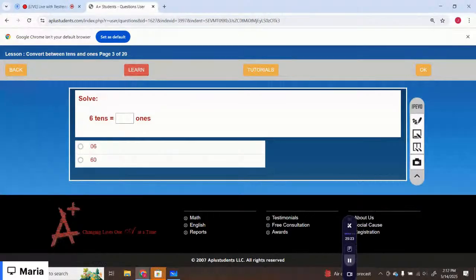Next: 6 tens equal how many ones? 6 tens equal 60 ones. Option number 2 is the correct option.